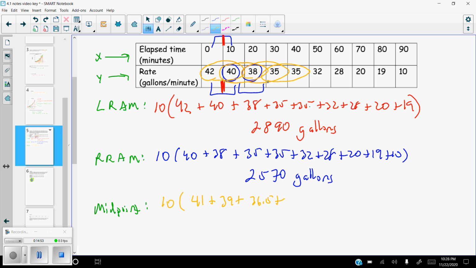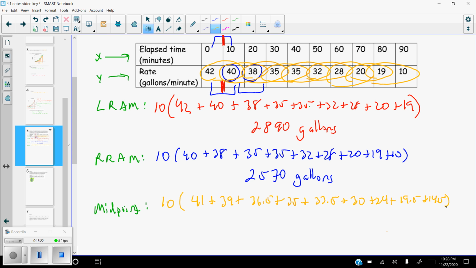The average between 35 and 35 is just 35. 32 and 35 is going to be 33.5. 32 and 28, the average is 30. 28 and 20, the average is 24. 19 and 20 is 19.5. And 10 and 19 is going to be 14.5. I think that's right.